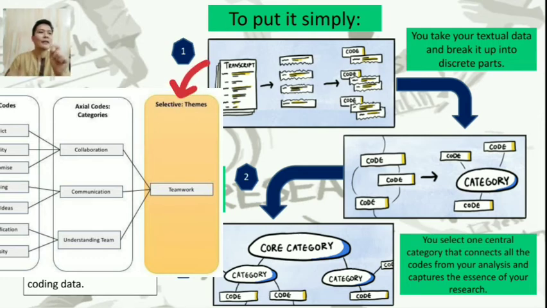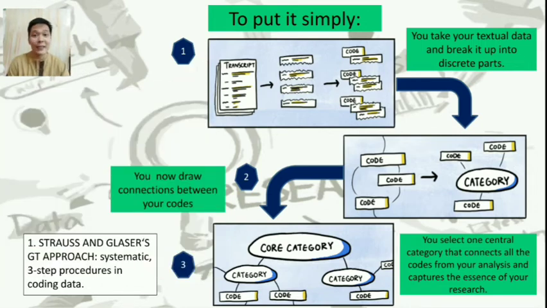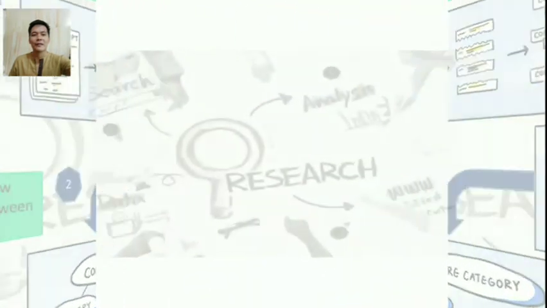So yung core category, eto na yung magjo-join together dun sa similarities between the different categories that you had constructed. So, itong core category na to, this now captures yung pinaka-essence ng research mo. So, hopefully malinaw sa inyo itong process ng grounded theory design or research design.